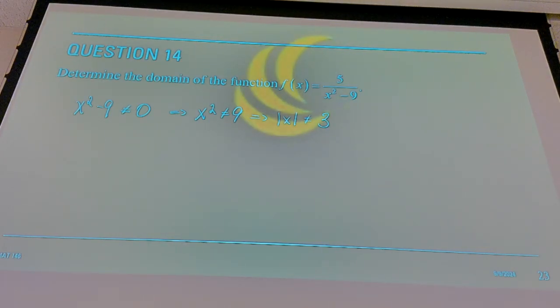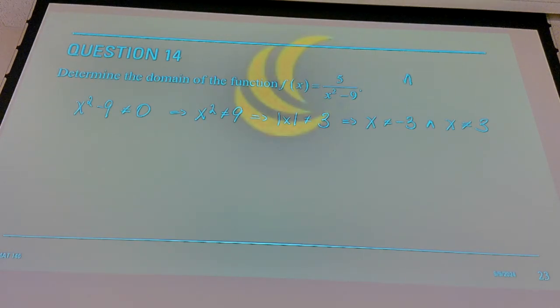The absolute value of x cannot be 3. Right, so x can't be negative 3 and x can't be 3.